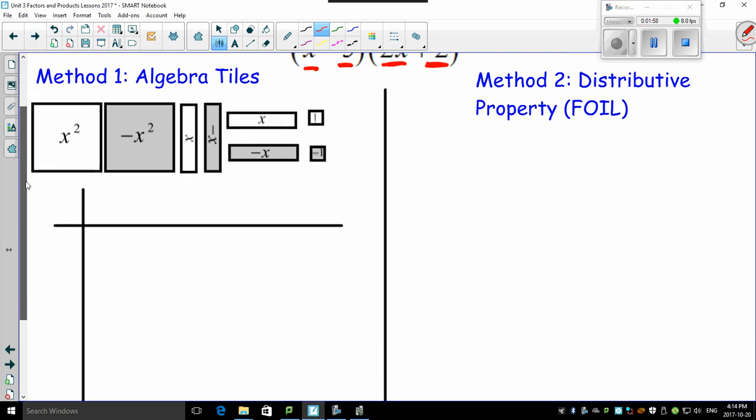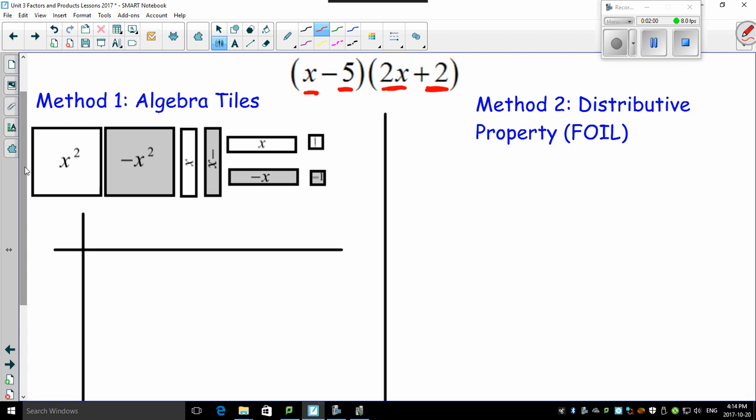Real simple. I've got x minus 5, and I'm going to put it down here. So that's where my x minus 5 is going to go. Okay, so watch this. An x is this length. There's an x, because I know x's look like that. Minus 5 means I'm going to take these ones.